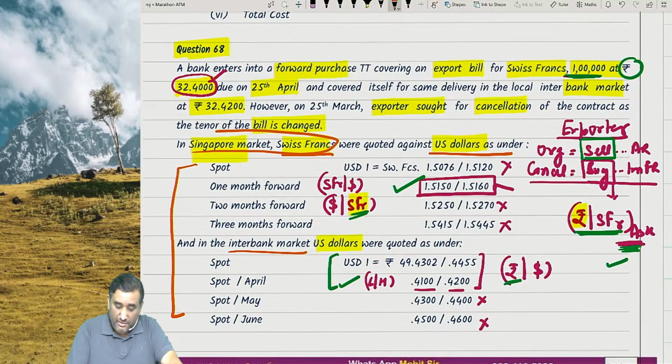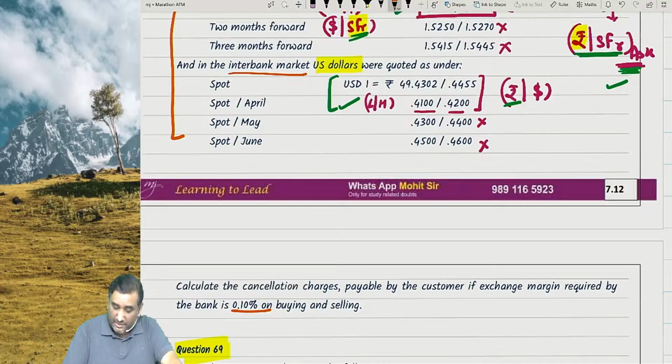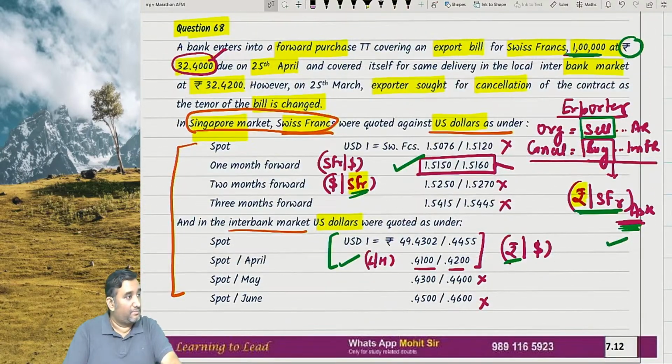When margin is given, it's always interbank rates. Rates are always interbank because they quote bank and bank only. If interbank is specifically mentioned, it's fine. Most of the places they'll mention interbank only. Otherwise, if it's not mentioned, then you adjust for the margins accordingly.